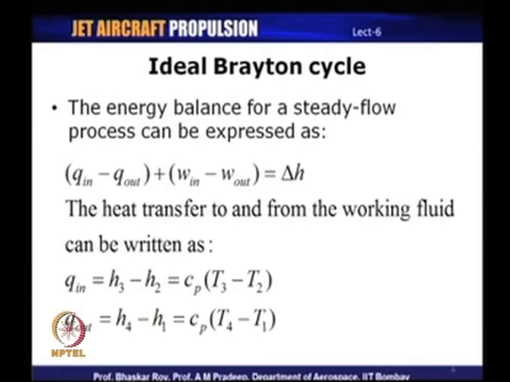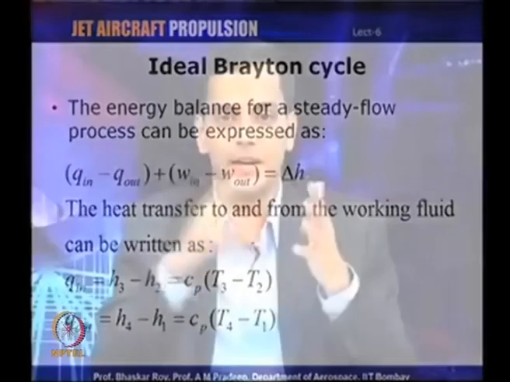So, Q in is equal to H 3 minus H 2, because H 3 is the enthalpy at state 3 minus H 2, which is the enthalpy at state 2, which is basically equal to C p times T 3 minus T 2, because we know that enthalpy is a function of the specific heat at constant pressure times the temperature. Therefore, if we assume that the specific heat at states 2 and 3 are the same, for an ideal cycle that should be fine, and therefore, C p multiplied by T 3 minus T 2 will give us the net heat added during the second process, that is the heat addition process.